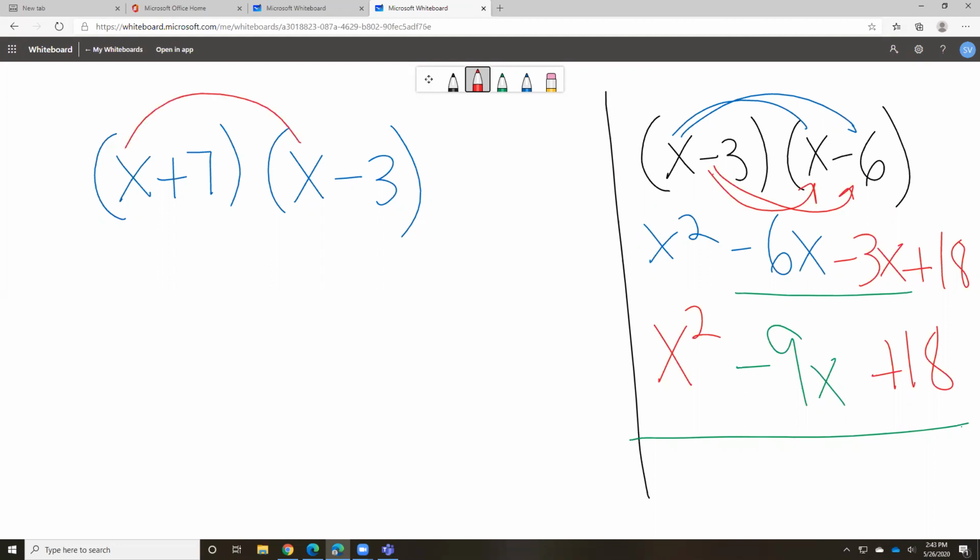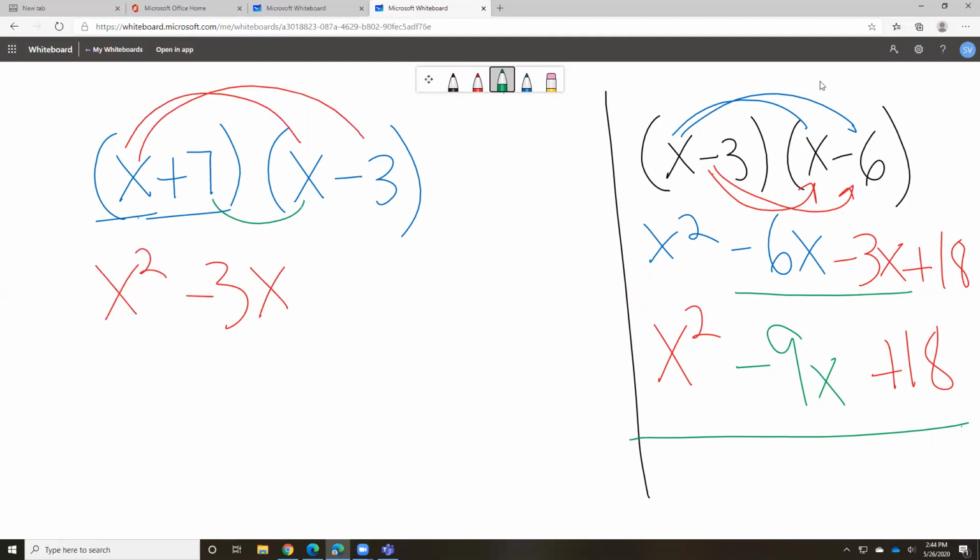What is x times x? Okay, good. X to the second power. What is x times negative 3? Raise your hand. Haha. X times negative 3 is negative 3x. Okay. All right. Let's complete our distributive. We're done with the x. We need to multiply the positive 7 times everything.